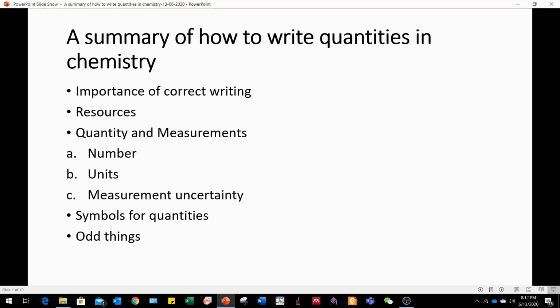Moreover, I will present some symbols and some rules for writing symbols or explaining symbols during your quantities expression in your writings. At the end, I will discuss a few odd things that are present in these rules.